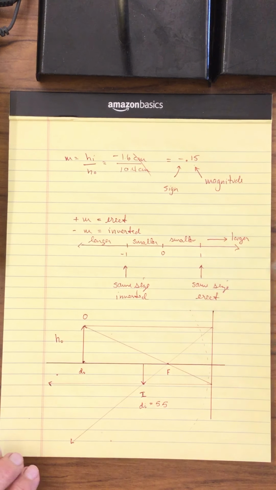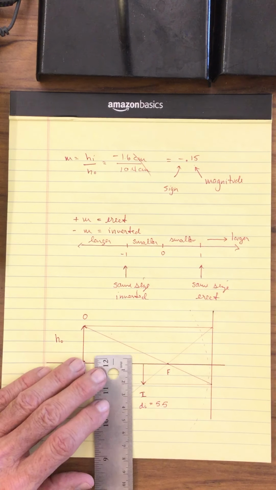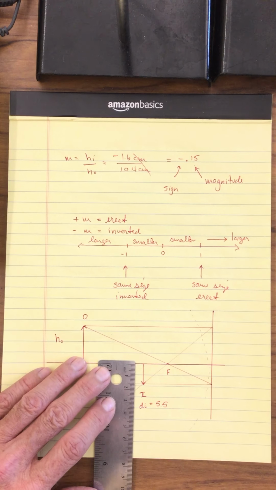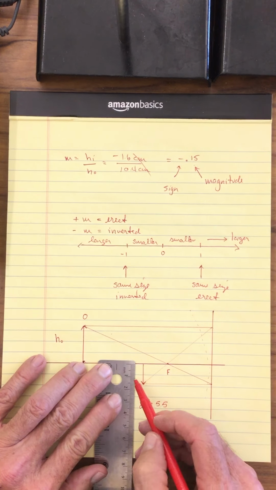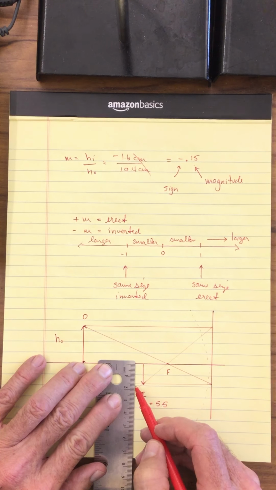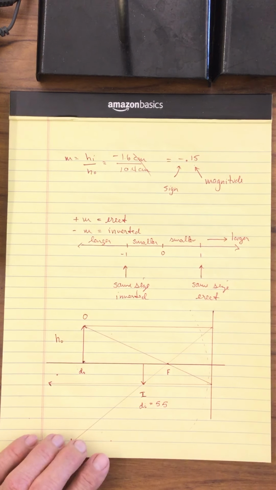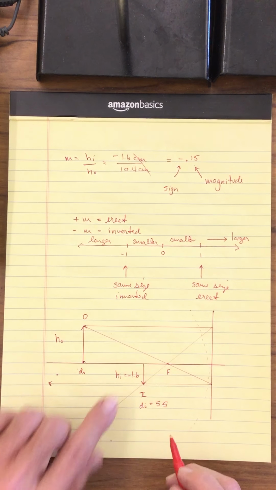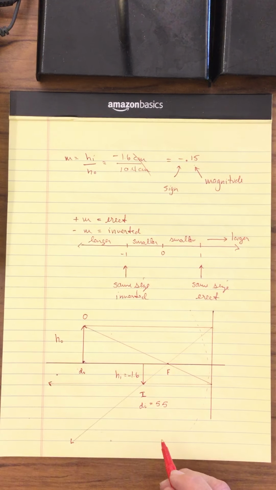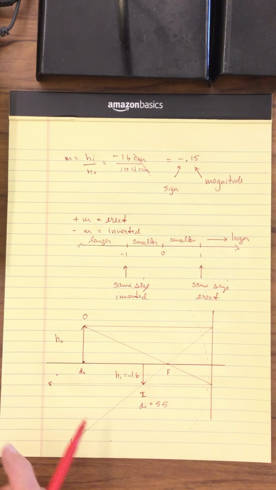Okay, now, what is the height of this? For me, I got -1.6. Height of the image is equal to -1.6. The negative means, again, that it's inverted. Does the -1.6 sound familiar?